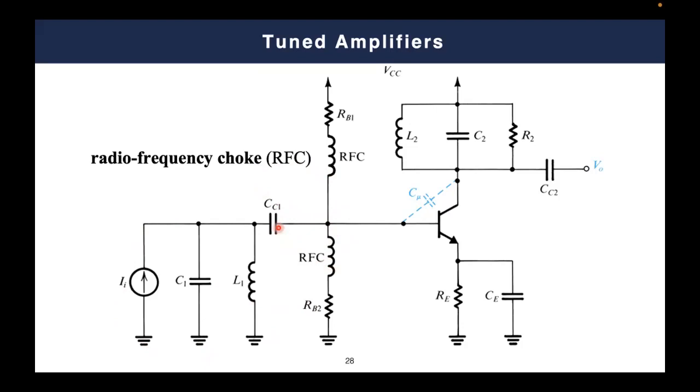Alternatively, at the frequency of operation, this 1 over j omega C shows a very, very low value, so that you can consider this capacitor as a short circuit that has no effect.